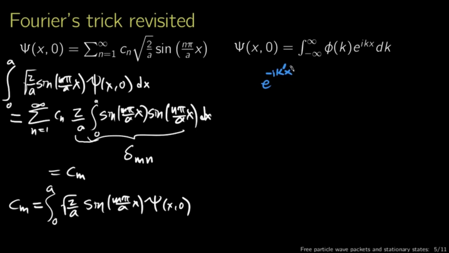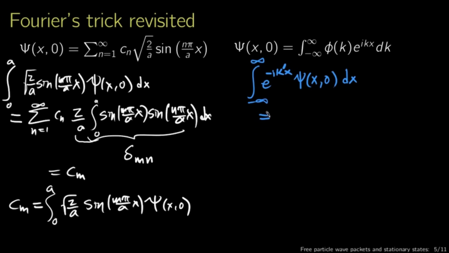So I've left multiplied by e to the minus i k prime x. I have my wave function, my initial conditions. And again, I'm integrating. Now I'm integrating from minus infinity to infinity, and I'm integrating dx. This is what I get for the left-hand side, just following by analogy from what we did for particle in a box.